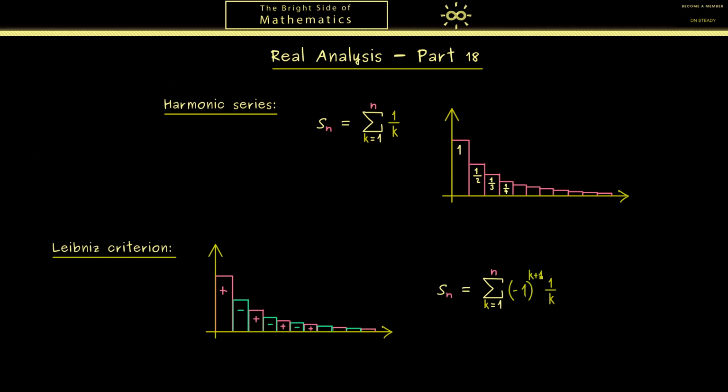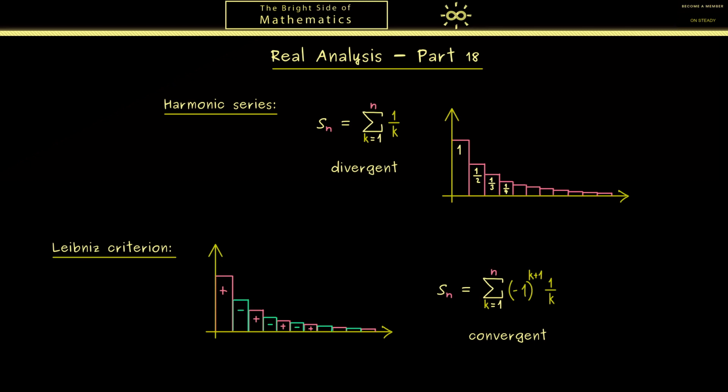So we have the same sequence involved, but now with alternating signs. And now the Leibniz criterion tells us this is indeed enough to make the whole series convergent. Therefore, please remember, adding, subtracting, and so on gives us a different behavior than just adding.